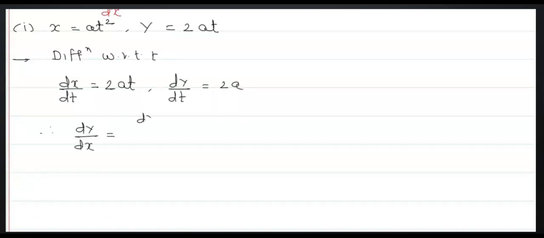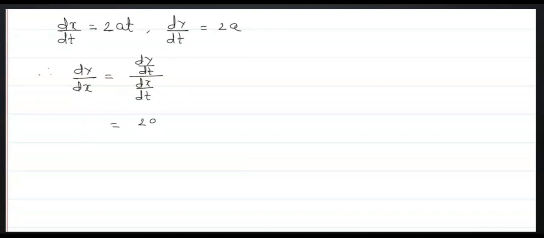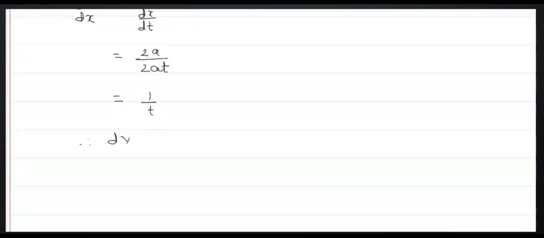Therefore, dy by dx is equal to dy by dt upon dx by dt. That is 2a upon 2at, that is 1 upon t. In the last solved examples you solve by putting the value of theta, then you will get the answer. Therefore, dy by dx is equal to 1 upon t.